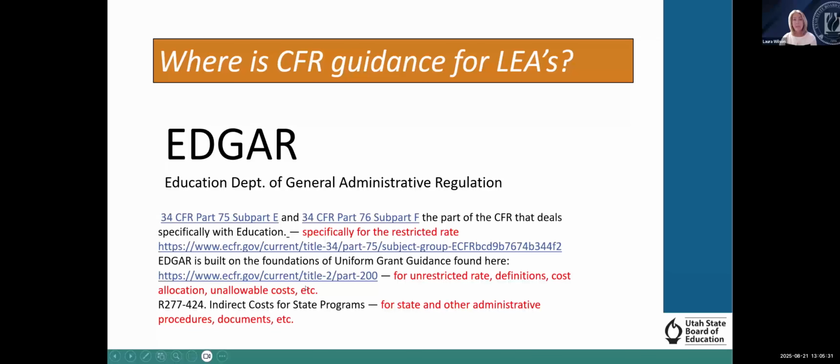However, Edgar is built on the foundation of the Uniform Grant Guidance. So we have a link for that here as well. And a lot of questions about unrestricted rates, definitions, cost allocations can be found there. So if you want to dig into this yourself, that's definitely where you can go to look. We also have Board Rule 277-424, which talks about indirect costs for state programs.